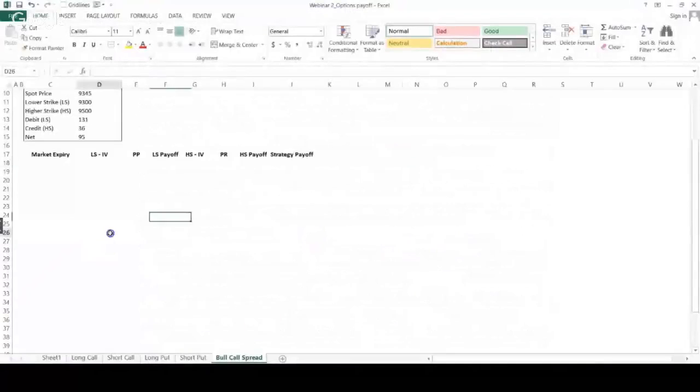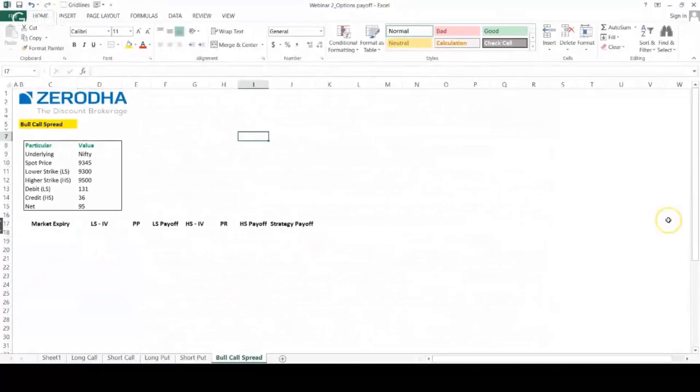But this is the main part of this webinar. So in a bull call spread, the idea is to buy an at the money or slightly in the money call option. And when you buy a call option, you have to pay a premium. So you finance the payment of this premium by selling an out of the money call option.